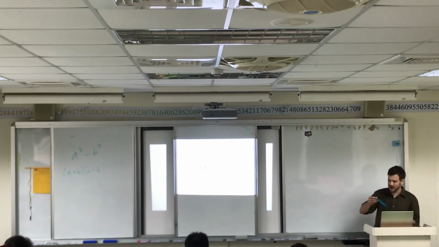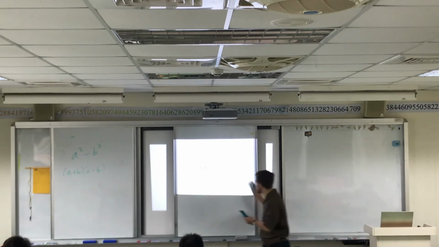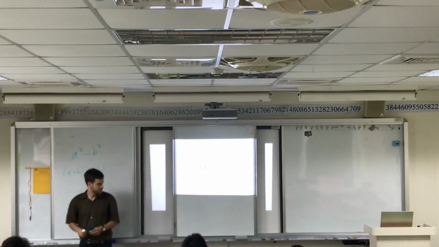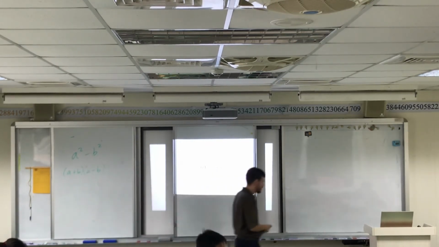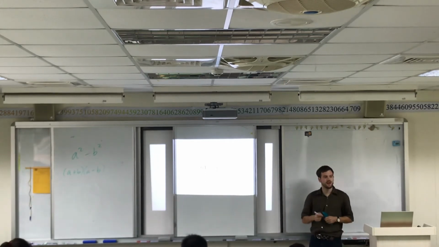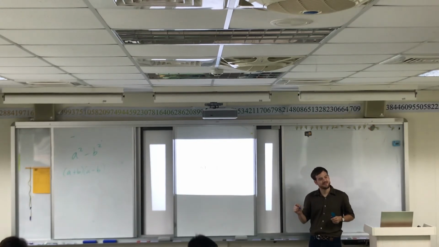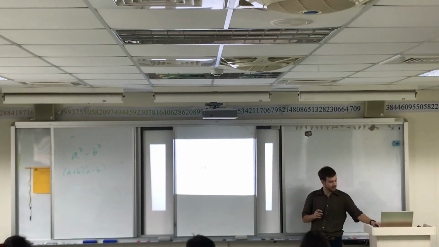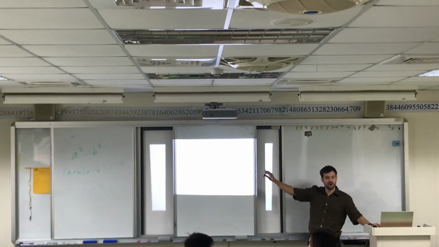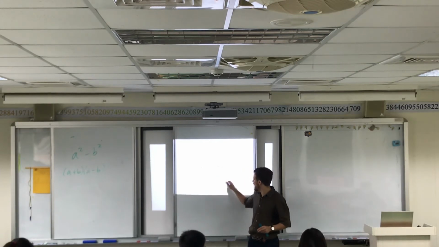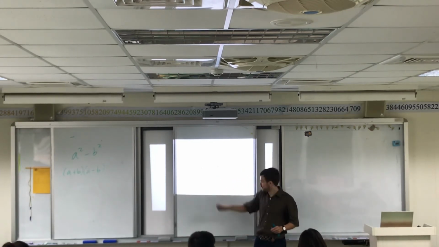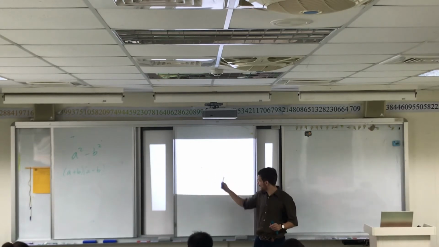How about this? 64 minus y squared. What do we get, Roger? Roger, what do we get? Do you need help? So this one, Sydney did. X squared minus 25, she got x minus 5, x plus 5. Right? Square root that, 5 and 5.